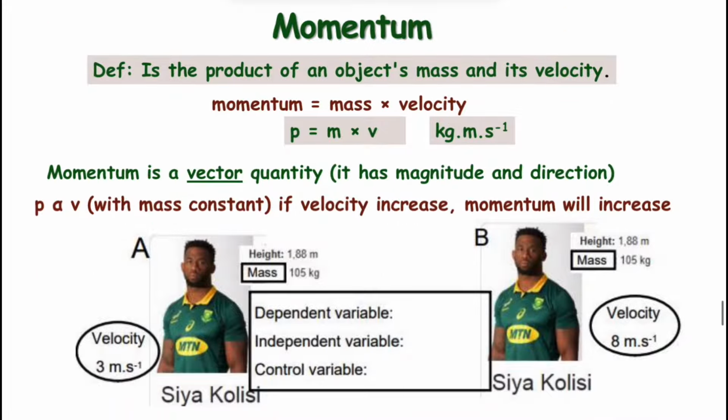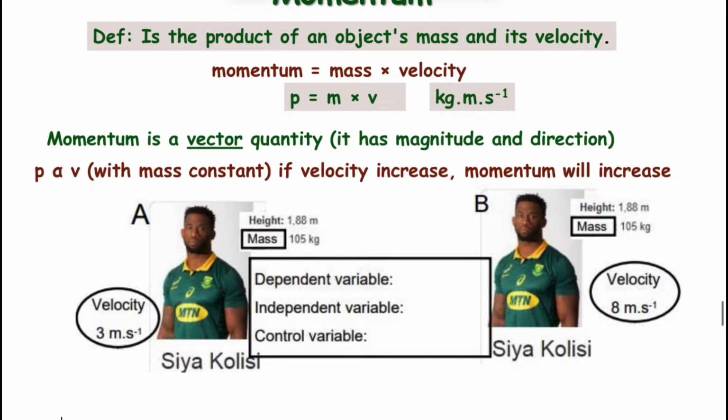Another important thing about momentum is that it is a vector quantity. That means it has both magnitude and direction. So the momentum of an object must have a direction because it's a vector. There's also a relationship between these quantities. If we look at the relationship between momentum and velocity, we keep the mass constant.